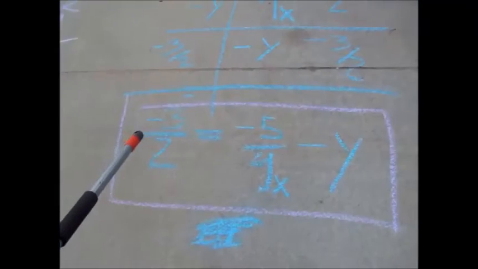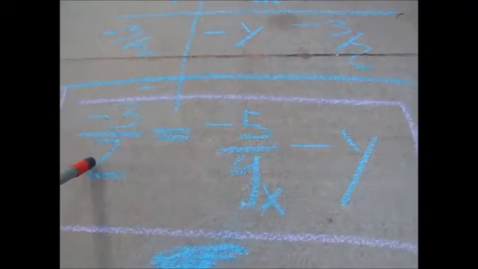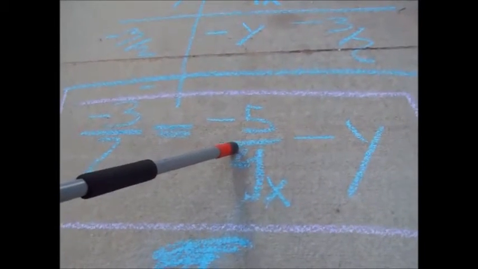You would then get your standard form, which is negative 3 over 2 equals negative 5 over 4x minus y. Congratulations, you did it. Now you can find the slope of a line and its equation.